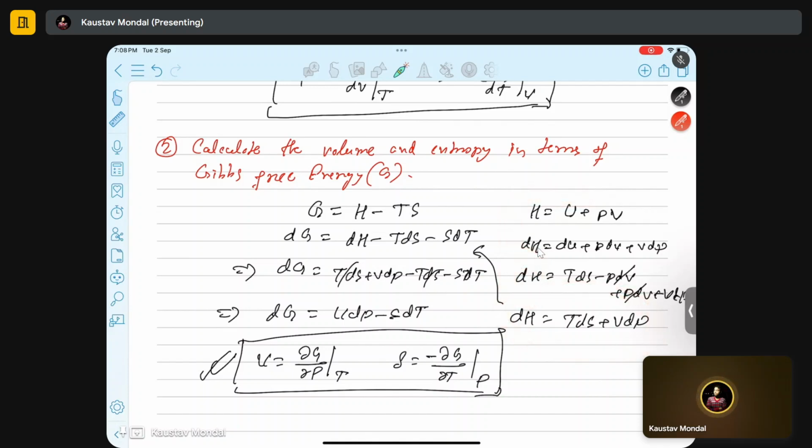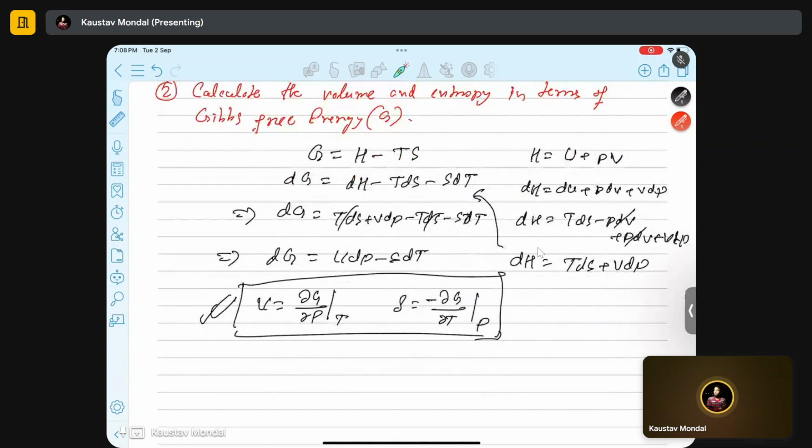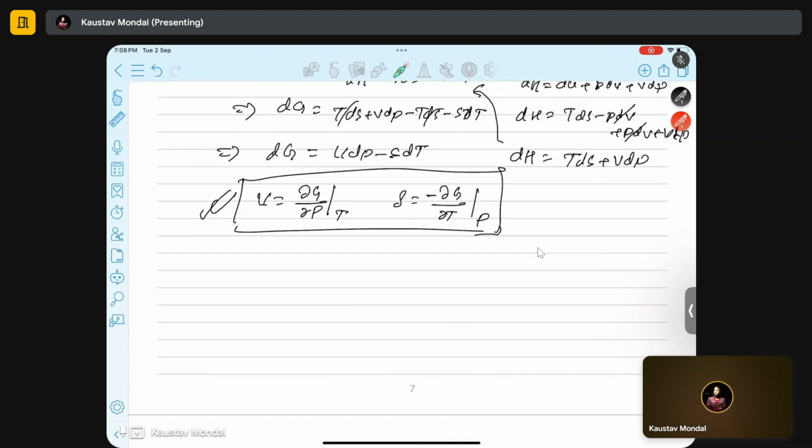Now I substitute this into the expression of dG, and you can write dG equal to VdP minus SdT. From there you can write the volume as del G by del P at constant temperature, and entropy as minus del G by del T at constant pressure. So that is how we can calculate the volume and entropy in terms of the Gibbs free energy.